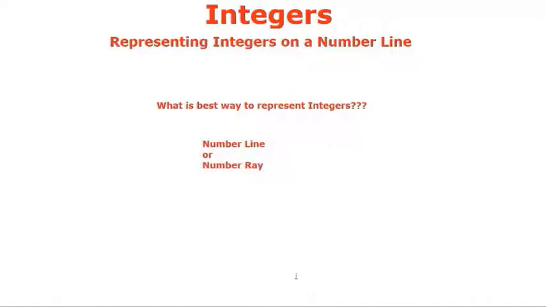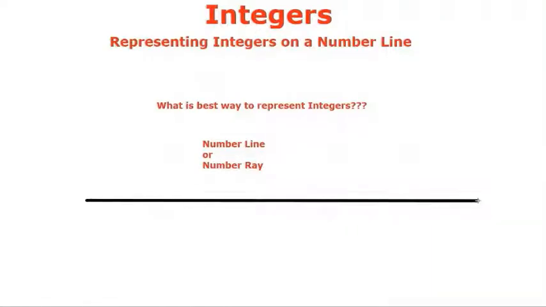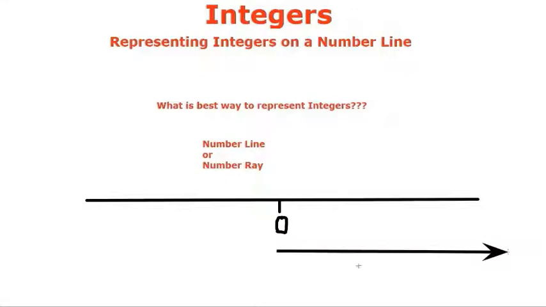What is a number line? Yes, you're correct. It's a line just like this. And in the middle there is 0. Towards the right, we have positive integers, which is 1, 2, 3, 4, and 5.